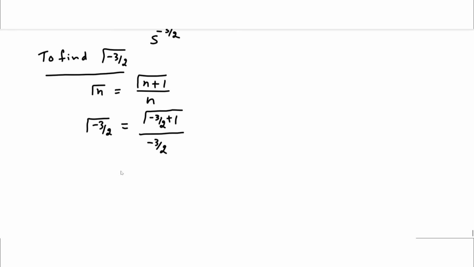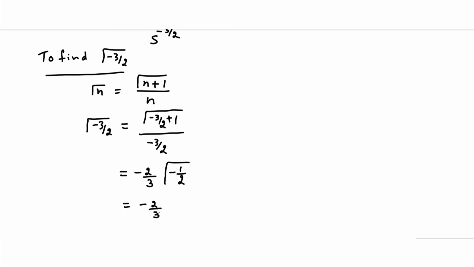Or if I take that minus 3 by 2 in the numerator, it becomes reciprocal. It becomes minus 2 by 3 gamma of minus 3 by 2 plus 1, which will be minus 1 by 2.